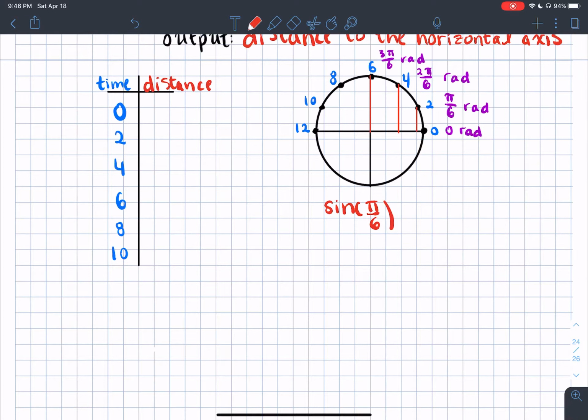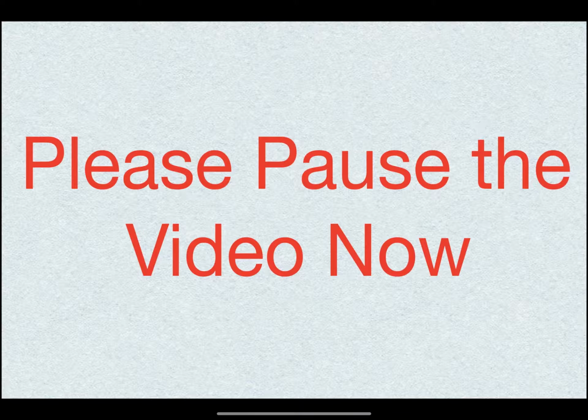At 2 pi over 6, we found that it would be sine of 2 pi over 6 for our Ferris wheel. Do you think the same thing will work here? Think about it for a moment and then come back to the video.